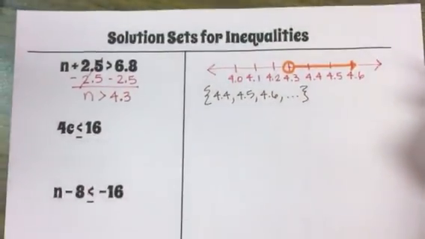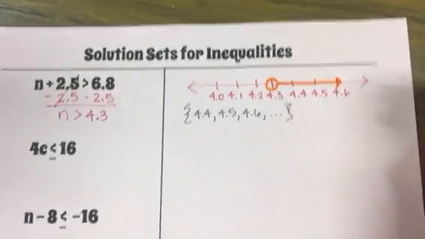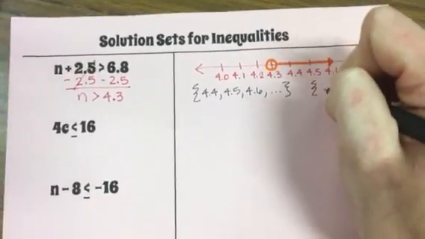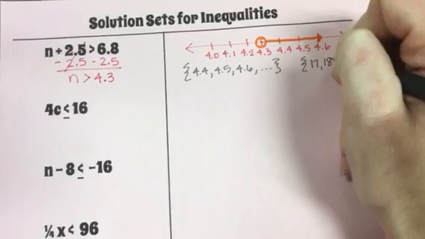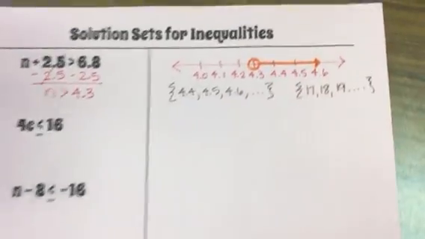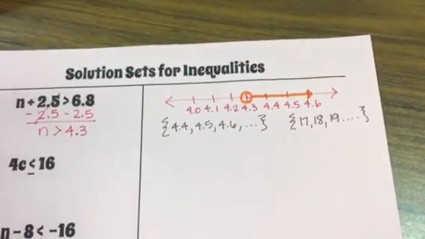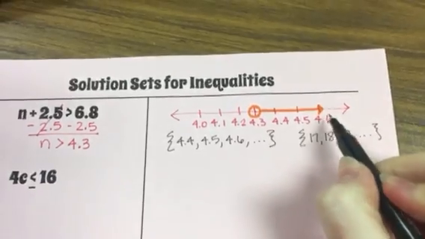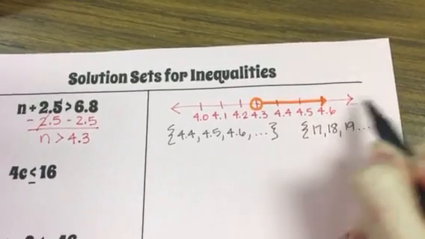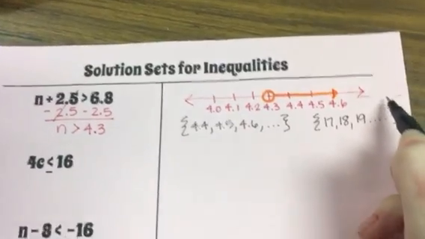But keep in mind that if Johnny is being really smart today and he wants to say something like 17, 18, 19, and so on, is Johnny technically wrong? Absolutely not. Because if you look at this graph, anything to the right of this number would still be on that graph. We just don't draw it.